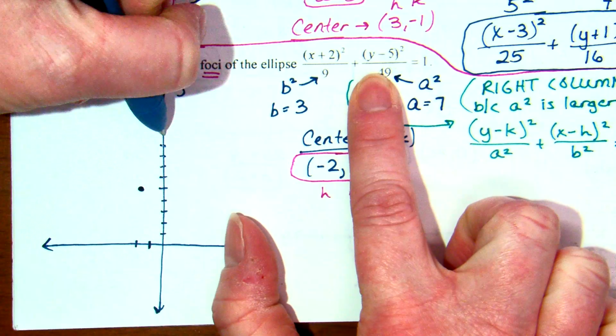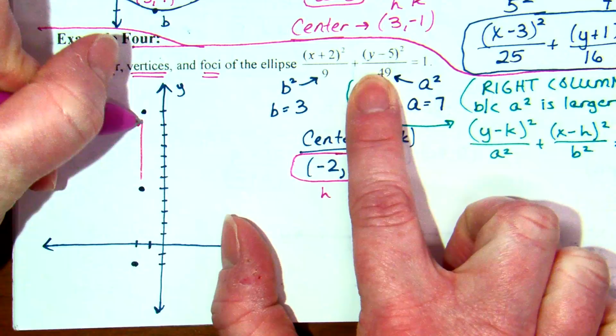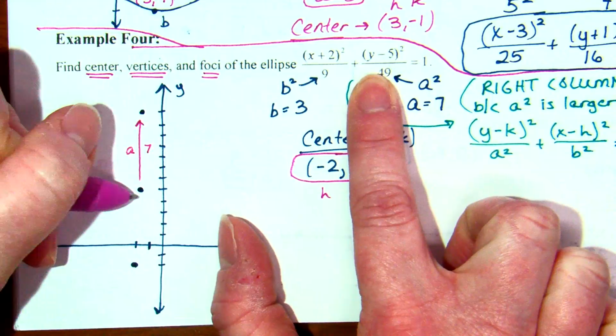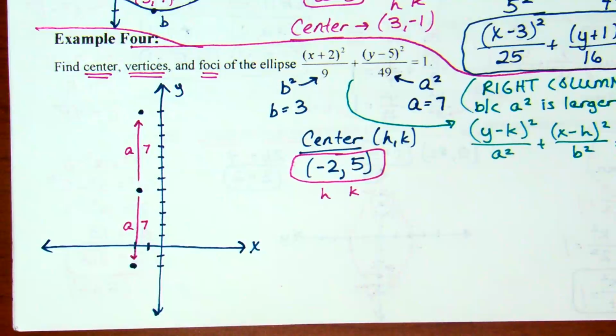So up 7 and down 7. When I went up 7, realize that is an A value. And when I go down 7, that is an A value. So from my center, I go up 7 and down 7.